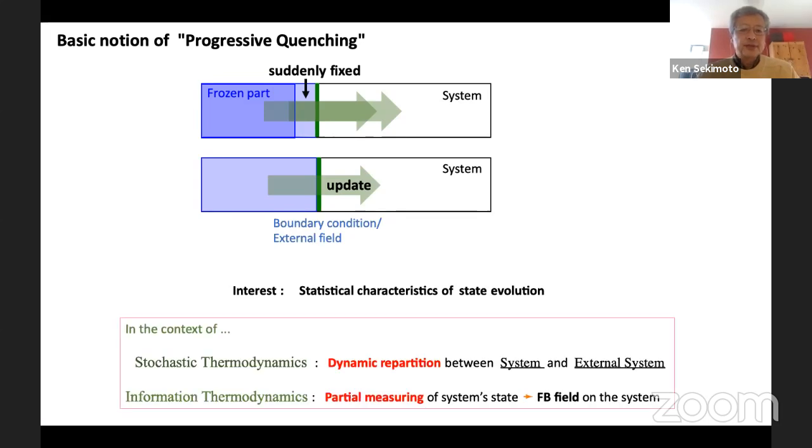In the context of stochastic thermodynamics, this is a dynamic partition between the system and the external system, because the border between them is moving. And in the context of information thermodynamics, this is a partial measuring of the system state because it is fixed. Then a feedback field is given on the system through the boundary condition or the external field.